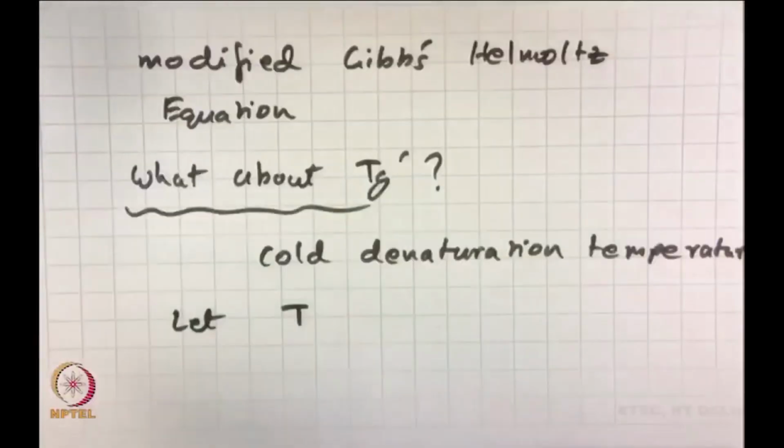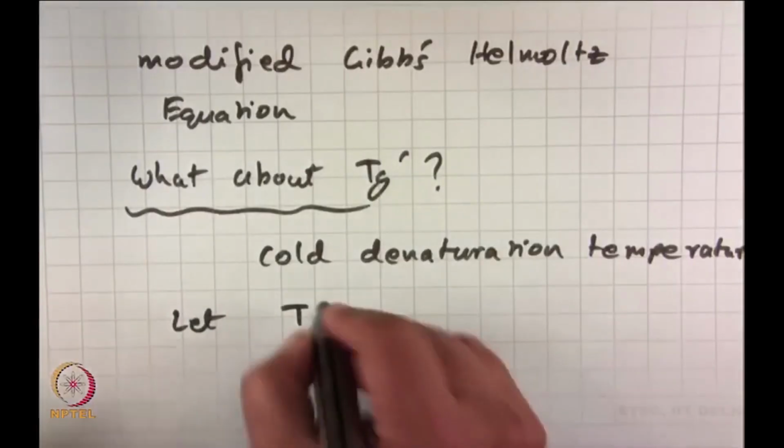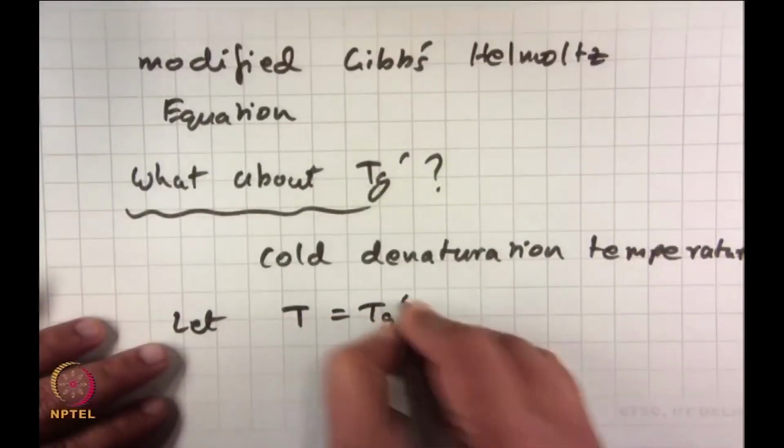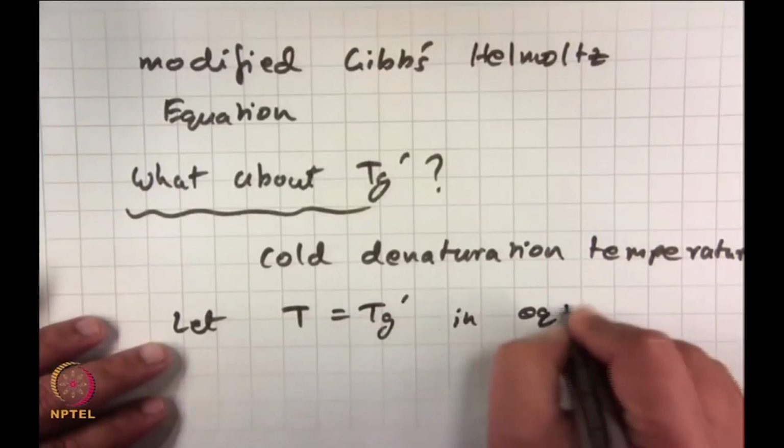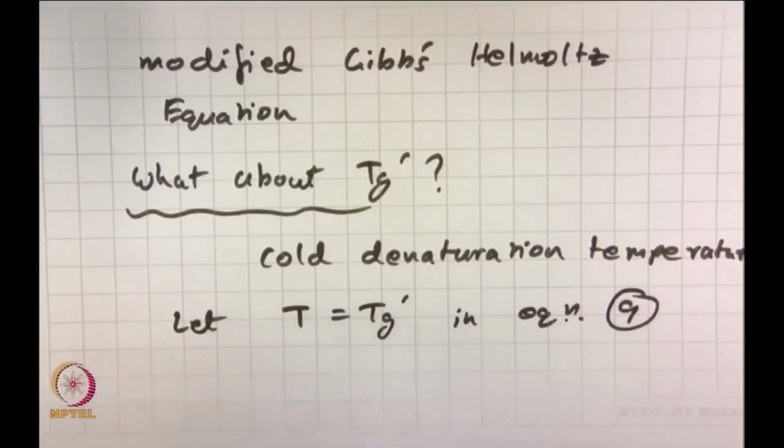Okay. So, in this equation, let T equal T g prime in equation 9.